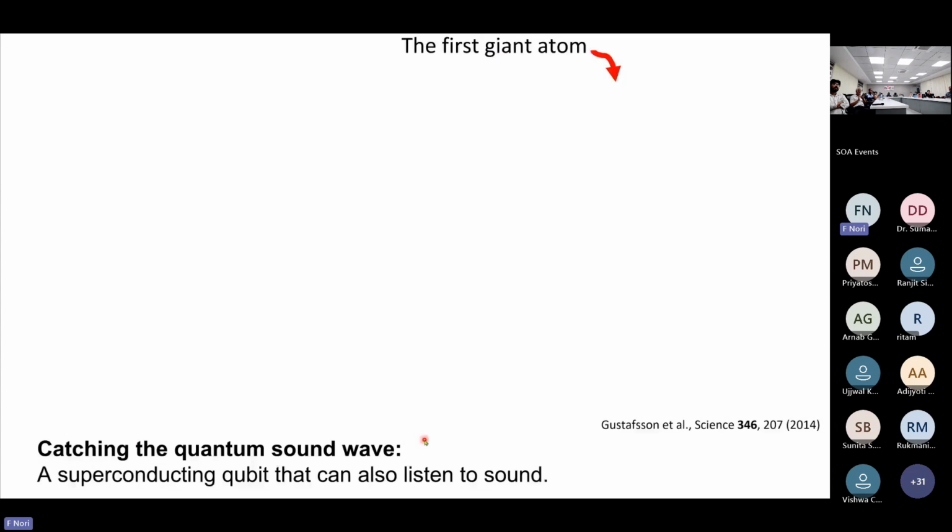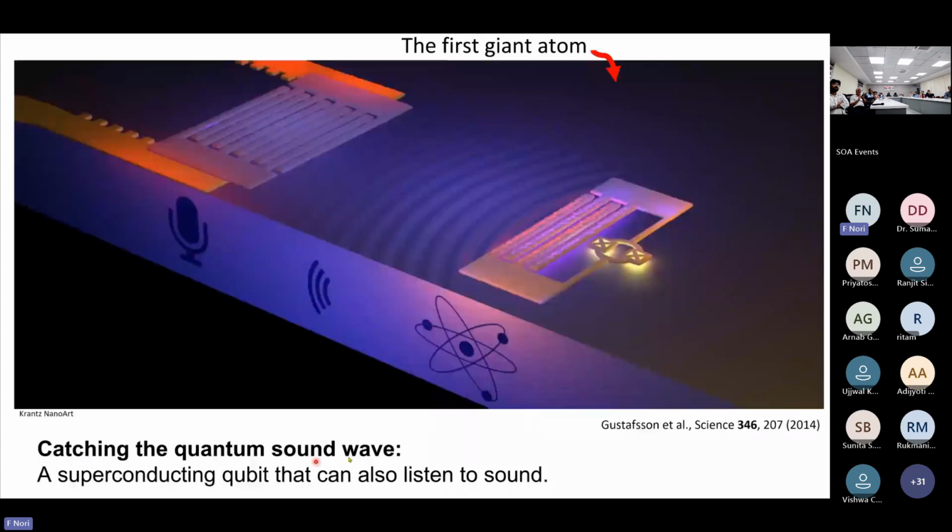These large atoms can be used to actually produce sound, which is detected by a microphone here. This is the first giant atom, done at Chalmers over a decade ago, Gustafsson et al. But also you can generate sound with this capacitor.